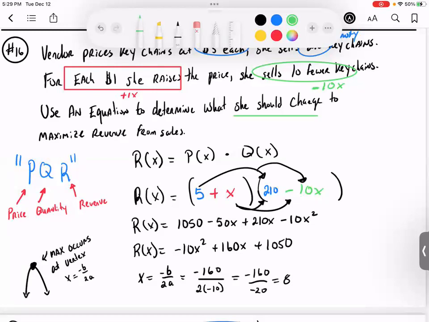So since the price function P of x was equal to 5 plus x, then we need to solve for P of 8, because I know 8 is the number of times she has to raise the price. So when I plug that into the price function, you get 5 plus 8, which is 13. So she had to raise the price to $13 in order to maximize her revenue. Okay.